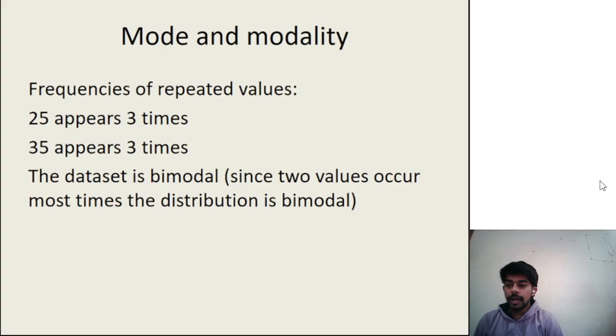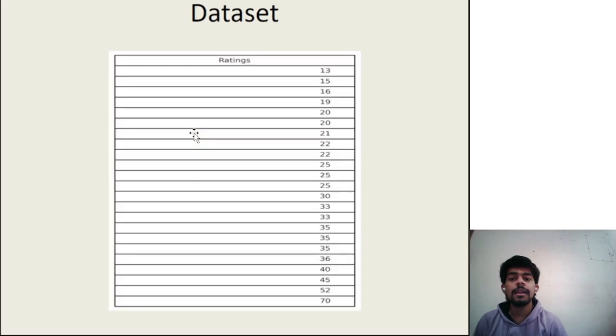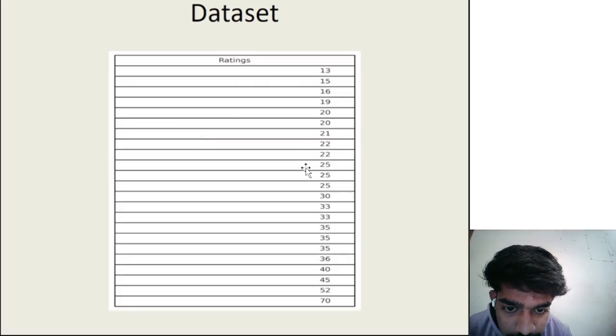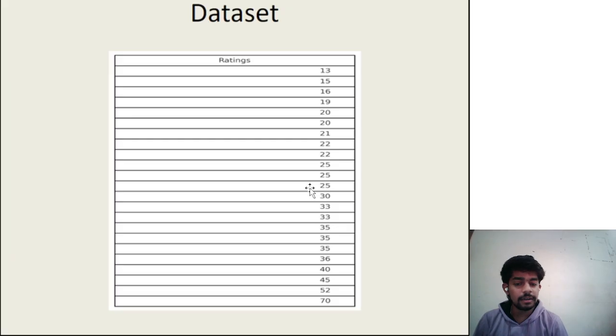Now mode and modality. Here you can see the frequencies of repeated values. Mode is nothing but the most frequently repeated value. So here 25 appears three times. Let's see in the table. 25, yes, it is three times, and 35, it is also three times.